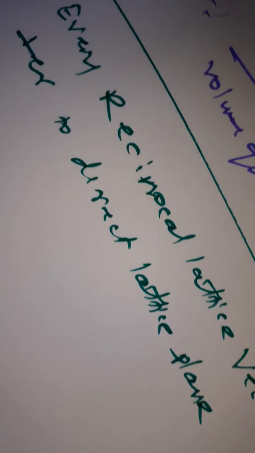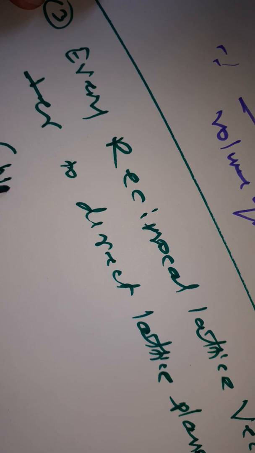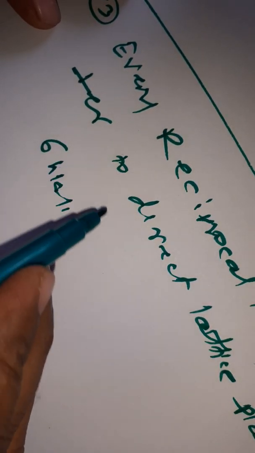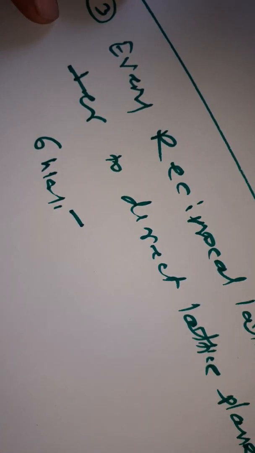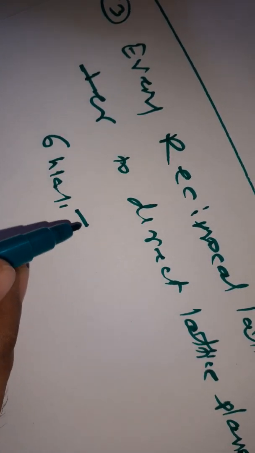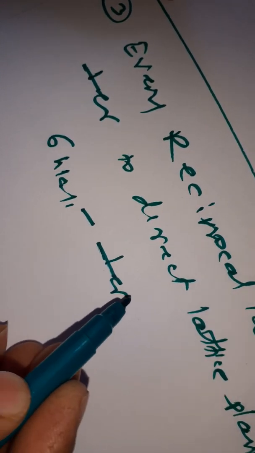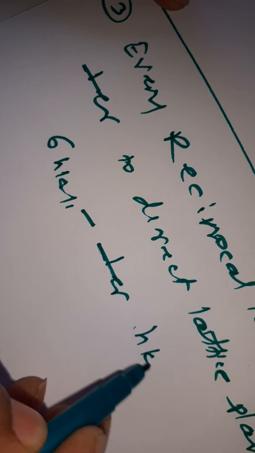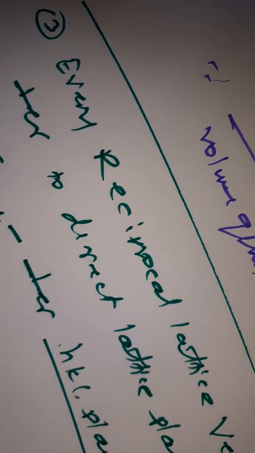So in order to prove this, sigma HKL is a reciprocal lattice vector and it is normal to the HKL plane.